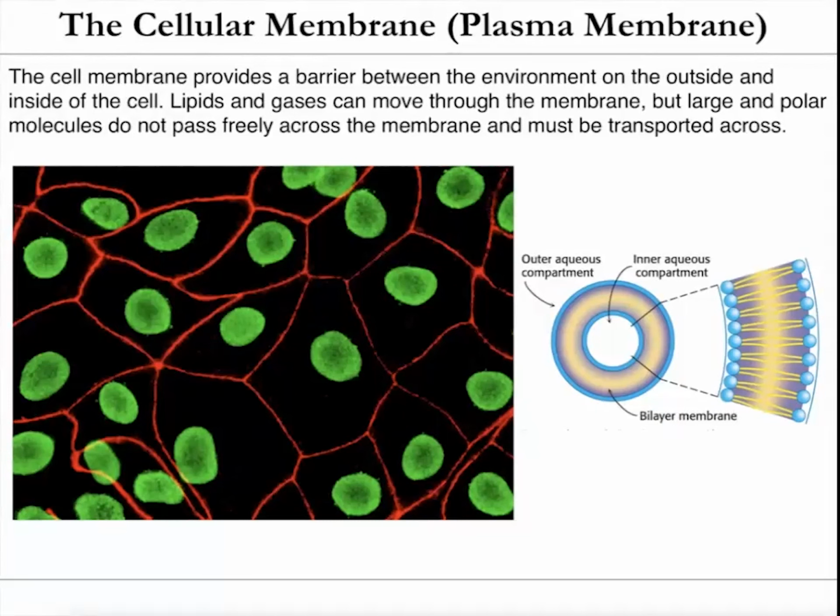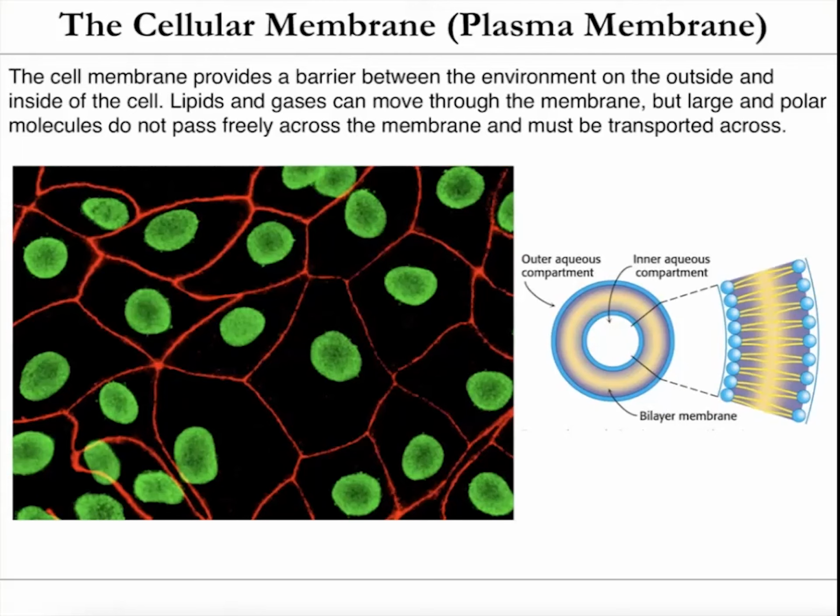The most fundamental part of a cell, I would say, is the cell membrane. All cells have a cell membrane, also called a plasma membrane, made out of lipids and proteins and other molecules, but primarily lipids. The cell membrane is necessary to enclose the cell contents.